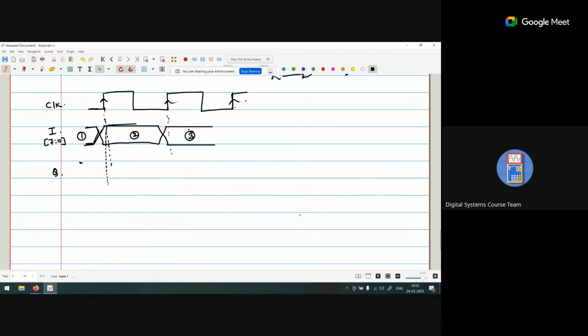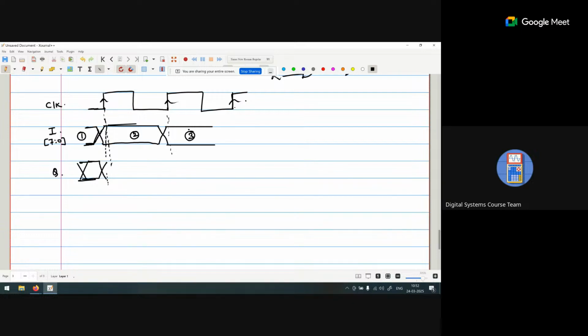In this case we are not considering any Q till the clock is applied.